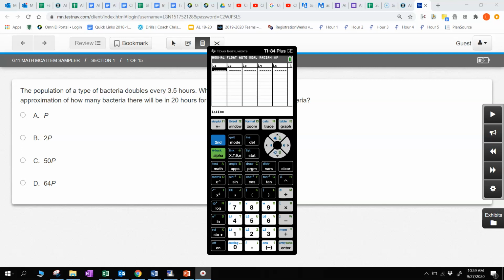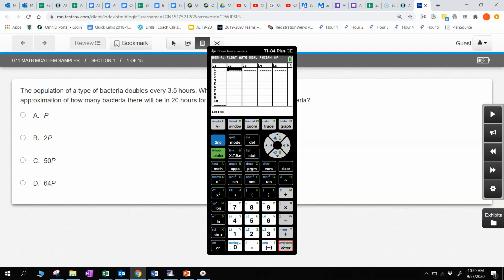So under L1, I'll hit 1, Enter. So I had to go 1, Enter, 2, Enter, okay, 3, all the way up to 10. Make sure after the last one you hit Enter so it reads it.